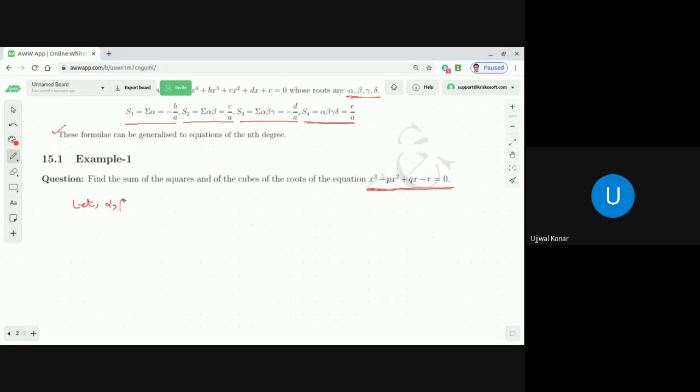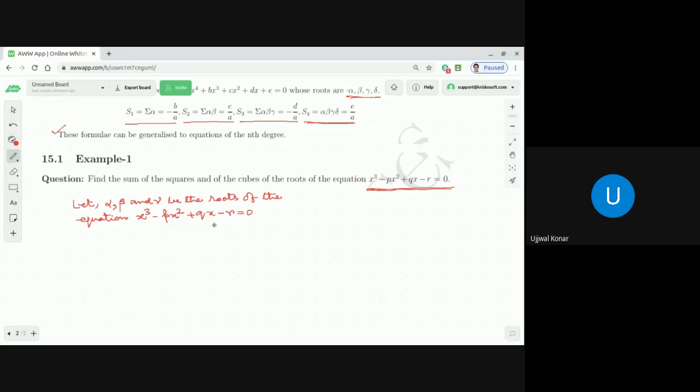What is the equation here? x cube minus px square plus qx minus r equal to 0.